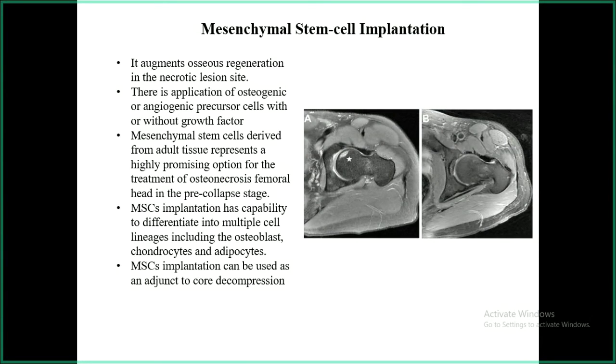Mesenchymal stem cells derived from adult tissue represent a highly promising option for the treatment of osteonecrosis of the femoral head in the pre-collapse stage. They have the capability to differentiate into multiple cell lineages, including osteoblasts, chondrocytes, and adipocytes, and this implantation can be used as an adjunct to core decompression.